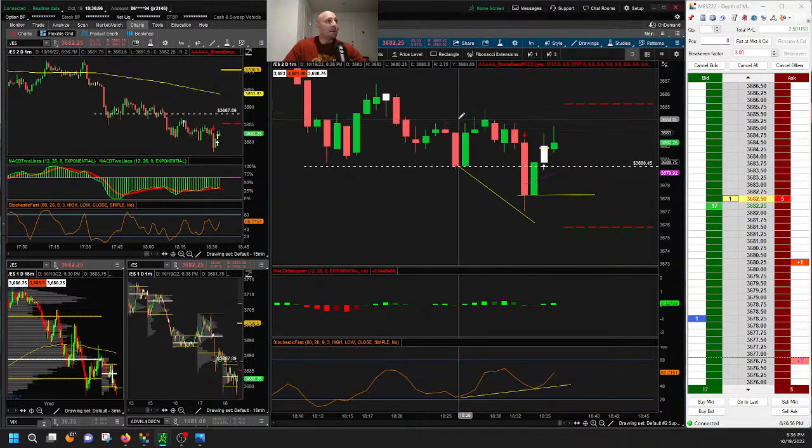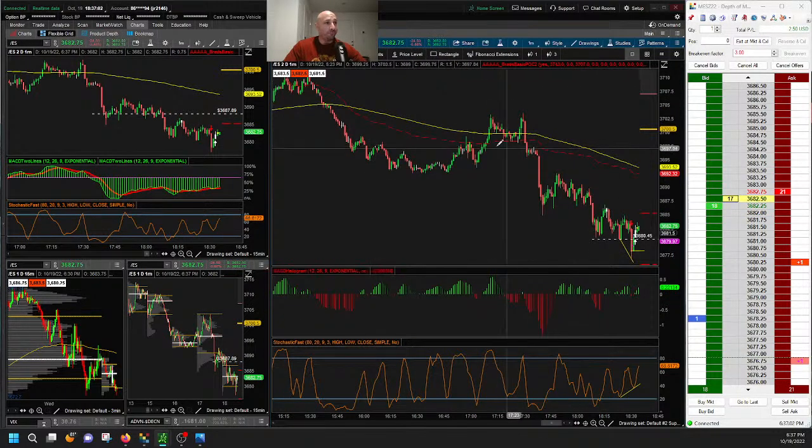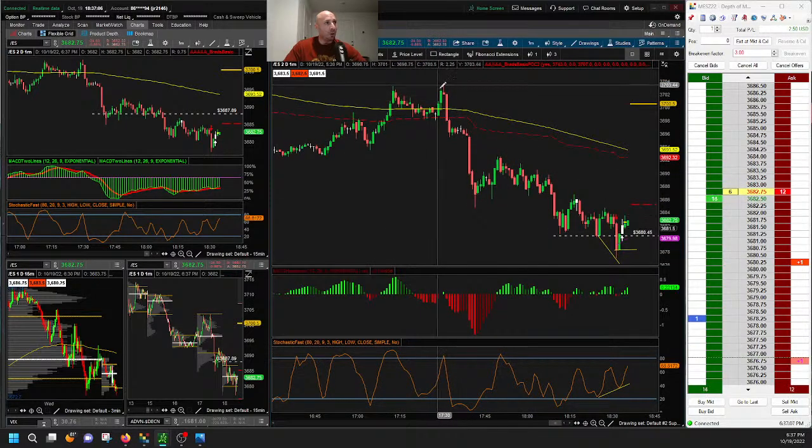Now, if we take out this high, we're going to start making, which we haven't done since I've been doing this broadcast, right? We've been making lower highs this entire way down, except for this little break. But if we take out this high, this entire structure of the market is now bullish.